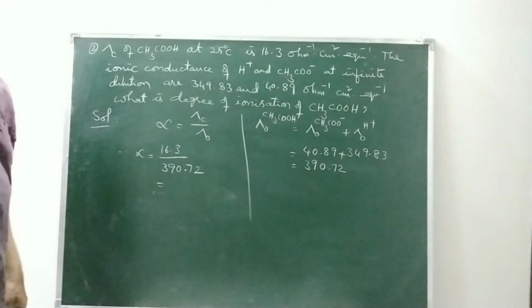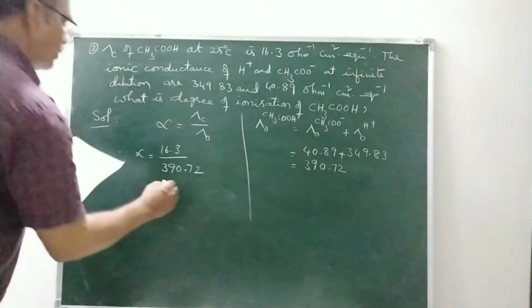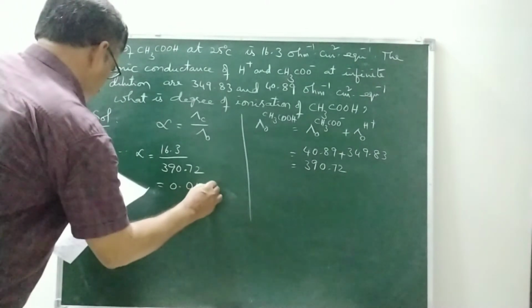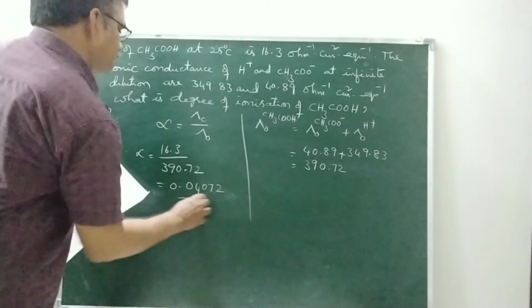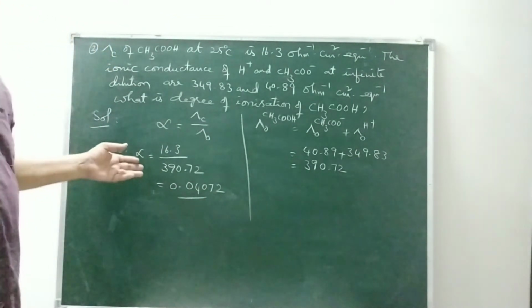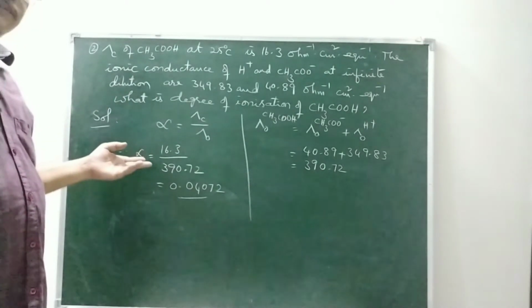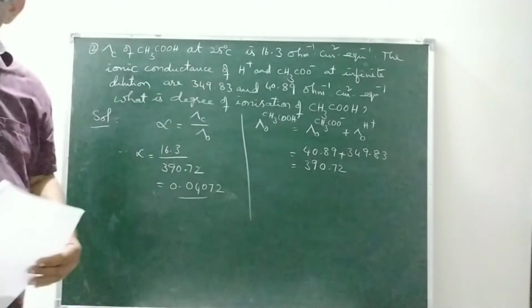If we simplify, we get it as 0.04072. So there will be no units for degree of ionization or degree of dissociation, because the units of these two are the same, they cancel out.